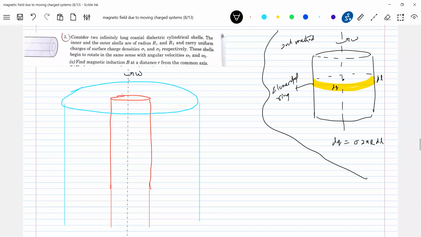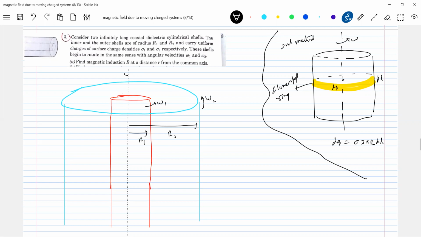The radii are R1, R2. These shells begin to rotate in the same sense with angular velocities omega 1 and omega 2. I think the angular velocities are different. So for this, we'll show omega 1, omega 2.